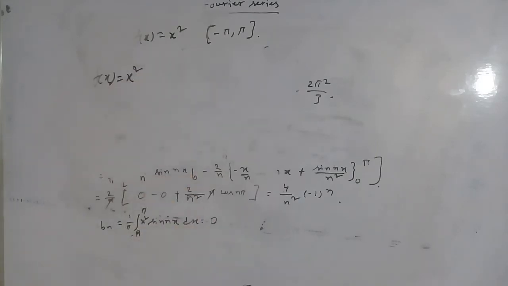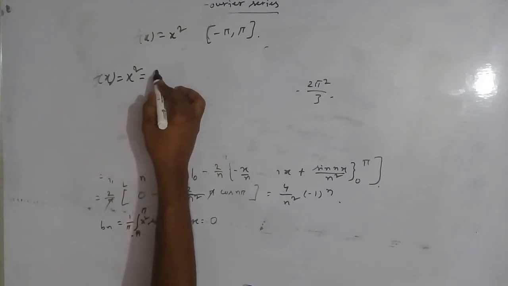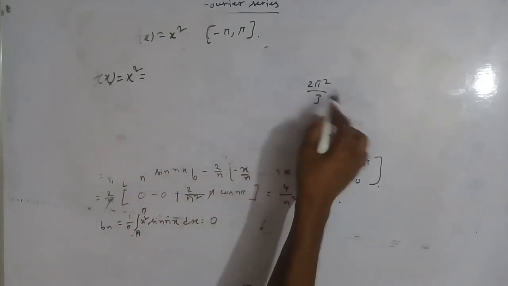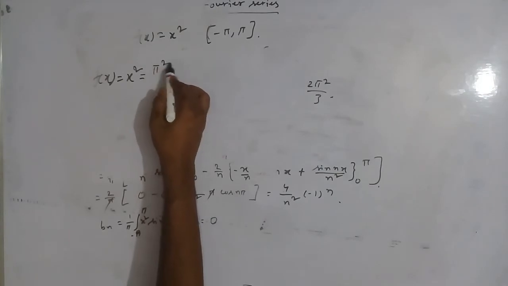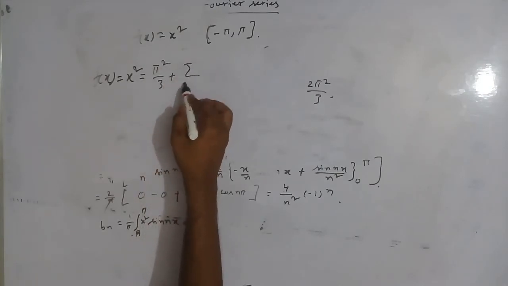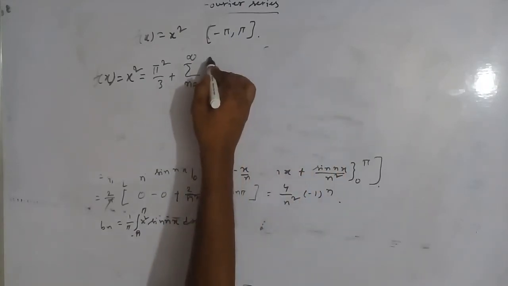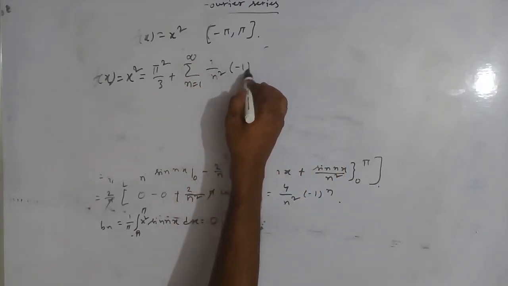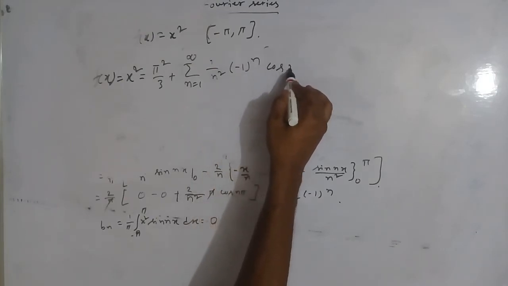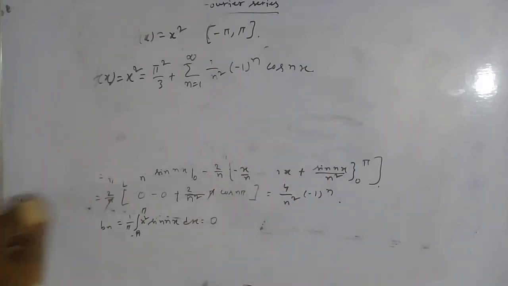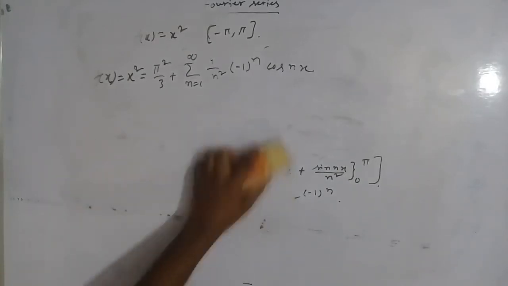Since f(x) satisfies Dirichlet's condition, the Fourier series will converge to f(x), that is x square. So x square equal to a0 by 2. So a0 is 2 pi square by 3, so this will be pi square by 3 plus summation n equal to 1 to infinity of an, that means 4 by n square minus 1 to the power n, cos nx. So this is our required Fourier series corresponding to the given function defined on the given interval.